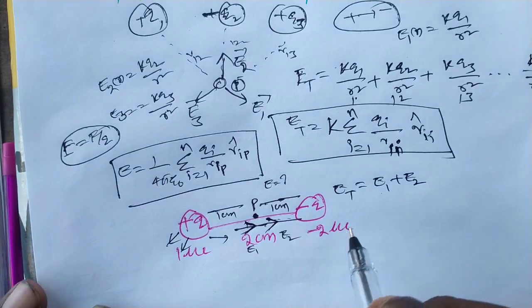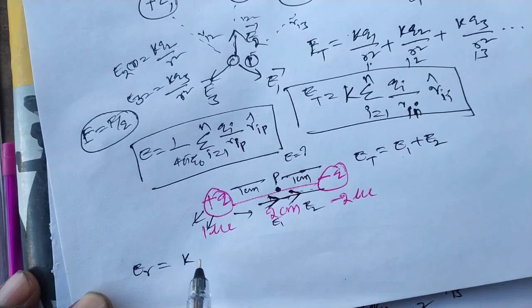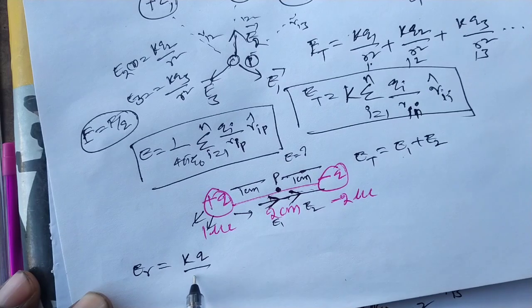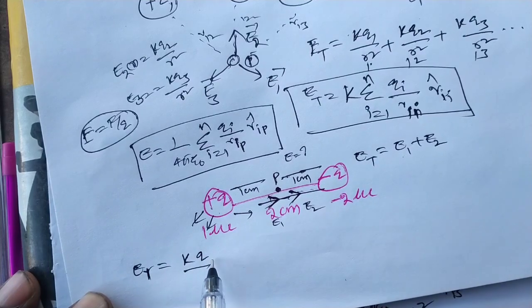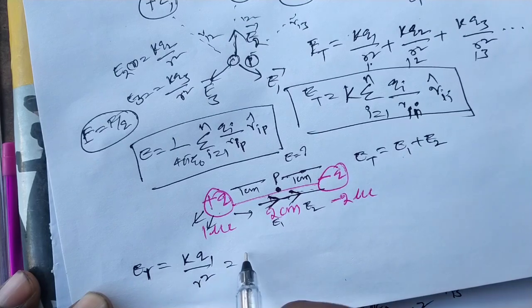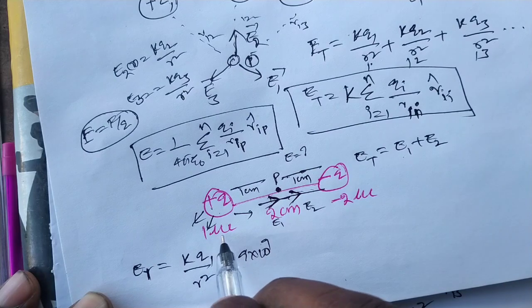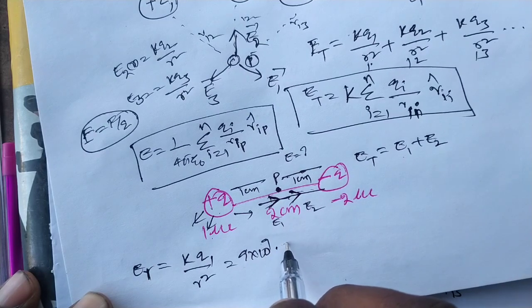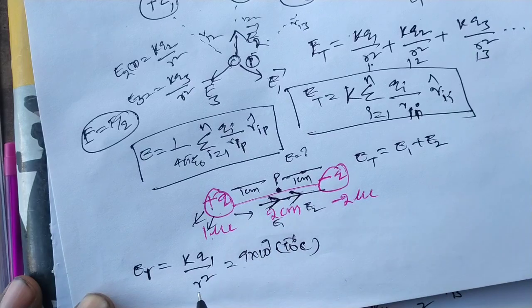According to the formula, E is equal to K Q by R square. At the first charge, E1 is equal to K Q1 by R square, where K is equal to 9 into 10 to the power of 9, Q1 is 1 microcoulomb, and 1 microcoulomb is equal to 10 to the power of minus 6 coulombs, divided by R square.